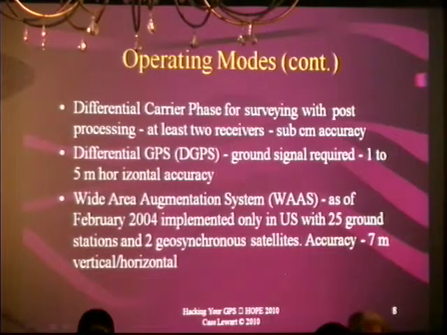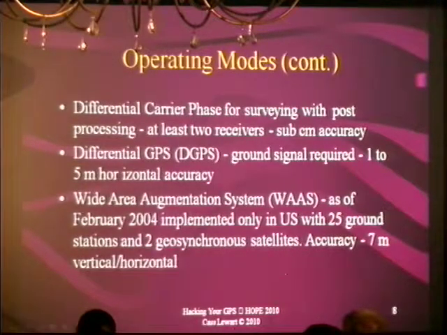Since a few years, a new mode was added, the WAAS, and practically all new receivers have this capability. There are a couple of geosynchronous satellites, one over the east coast, one over the west coast.